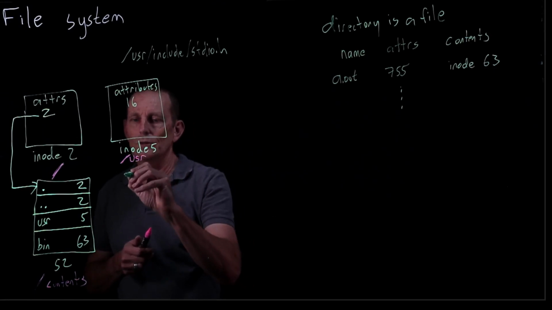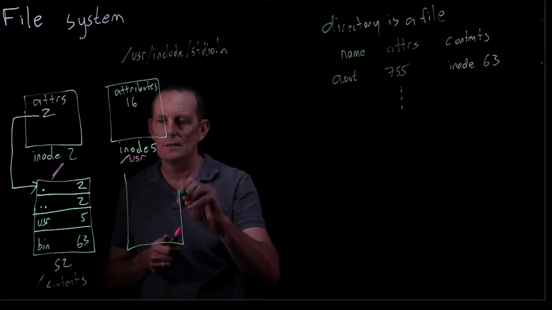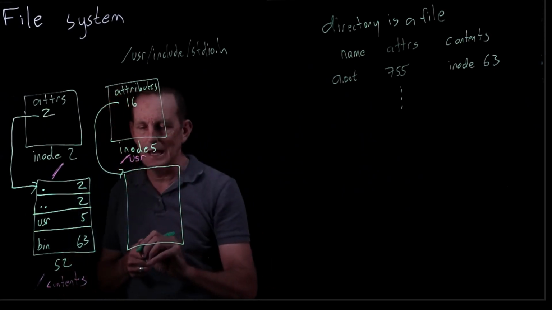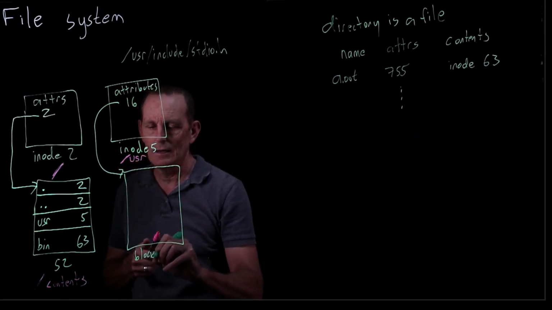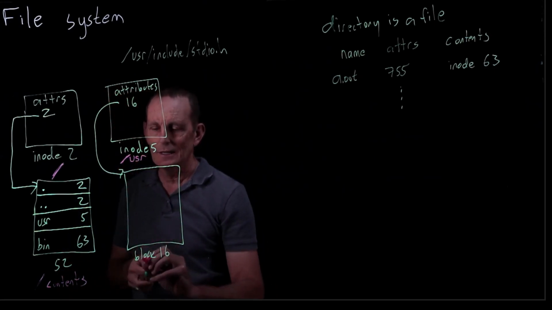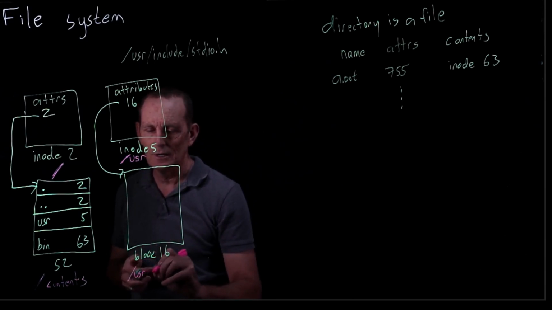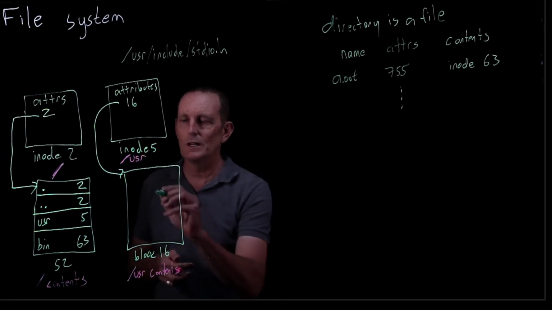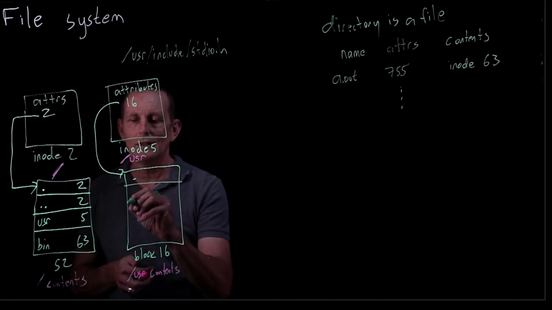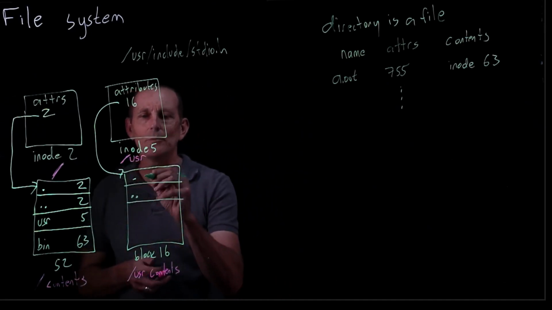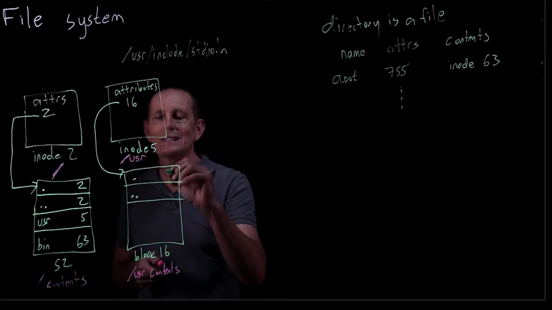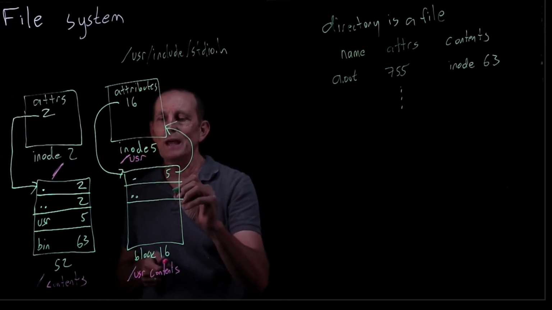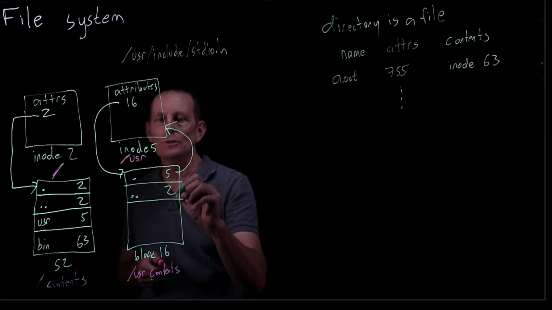Okay. So this is going to be a pointer to block 16, and that is the slash user contents. It's a directory, so we know we have a dot, and we have a dot dot. Dot points to itself, so that's back to inode 5. Dot dot points to its parent, so that is going to be 2.